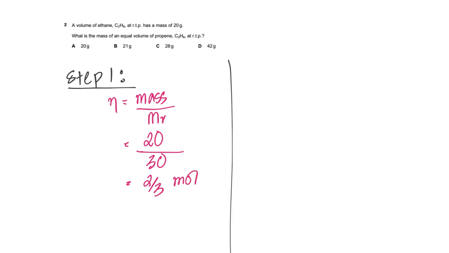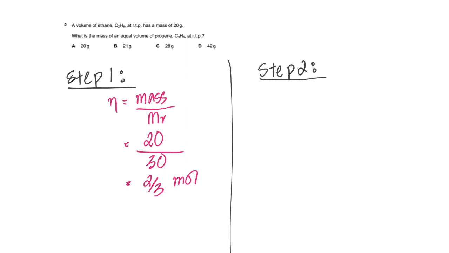Step 2, I've got to find out the mass of propene, what is the mass of an equal volume of propene? So equal volume means equal moles because they're both gases, right? So the mole stays the same for this part. Okay? And for an equal volume or equal mole of propene, what will be the mass?